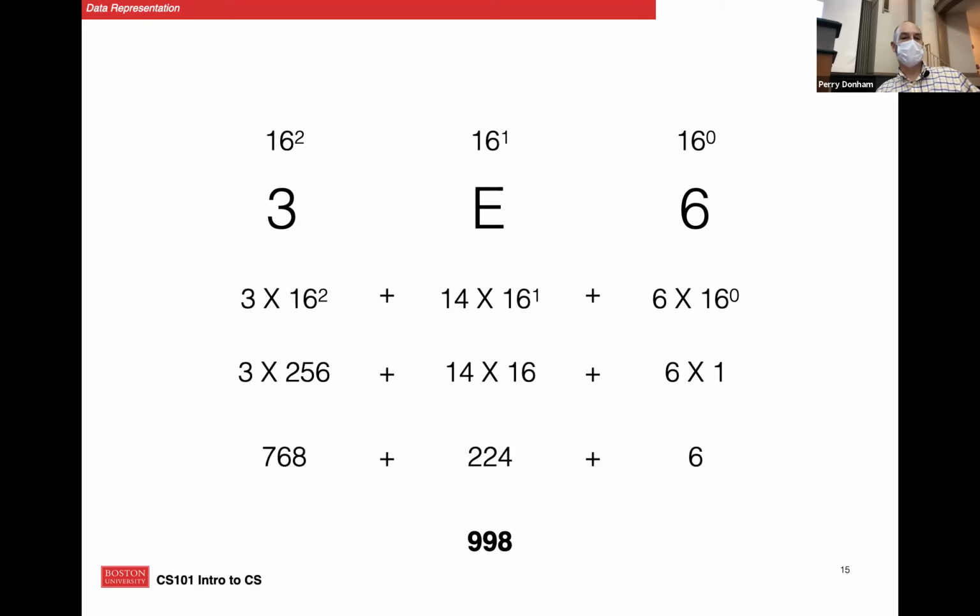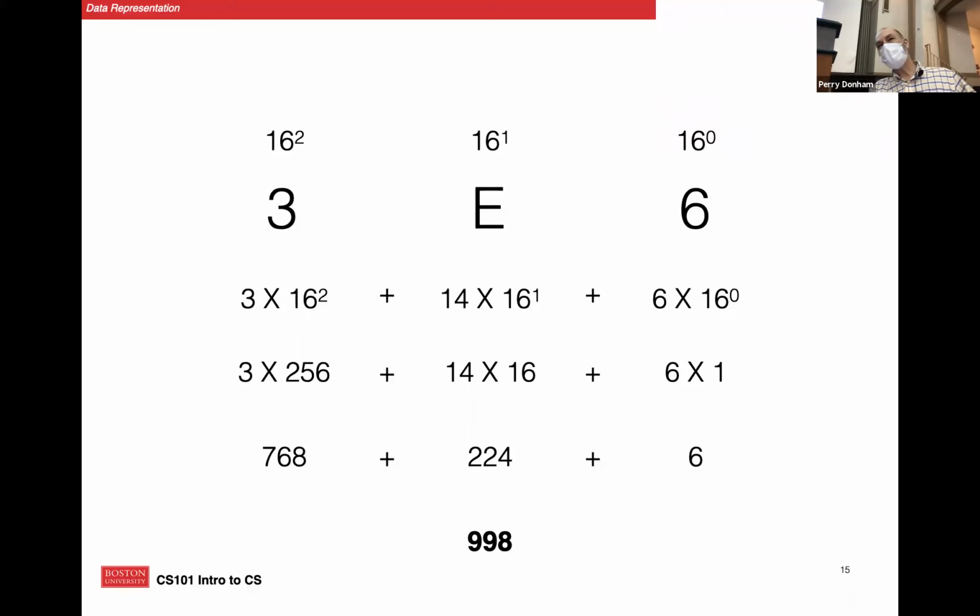And then 3 is 0011. So just write those binary values for the 3, the E, the 6, and that's the 12 bits that gives you 998. Oh, thank you. So truly, I thought there was just like a random number. That was actually 12 bits. All right, cool.